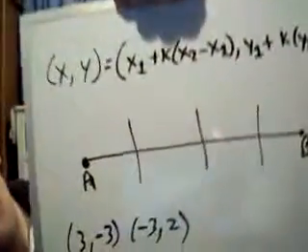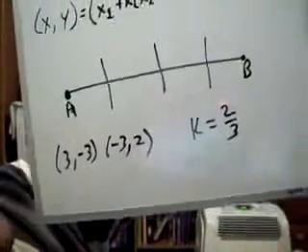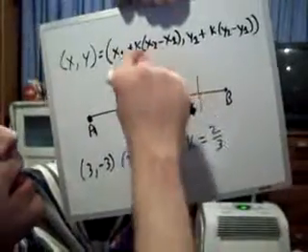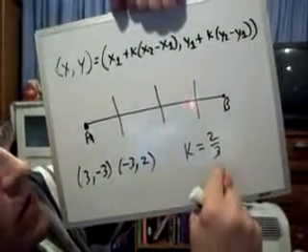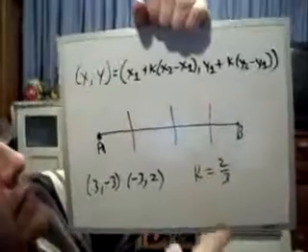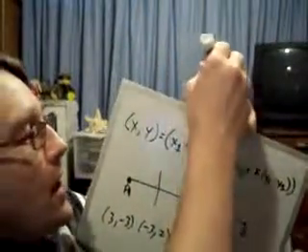Anyway, now what's the K? Well, if we want 2/3 of the distance, K is actually going to equal 2/3. So we're going to multiply the K, which is the 2/3, times, in this case, we can go ahead and use -6 if we want.